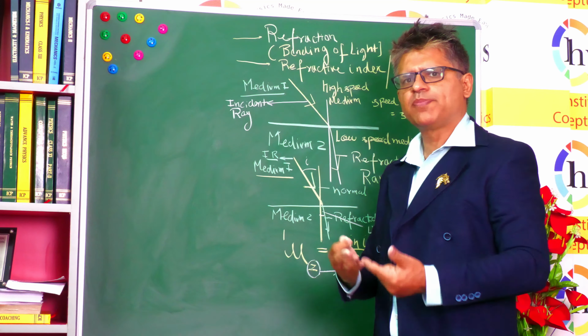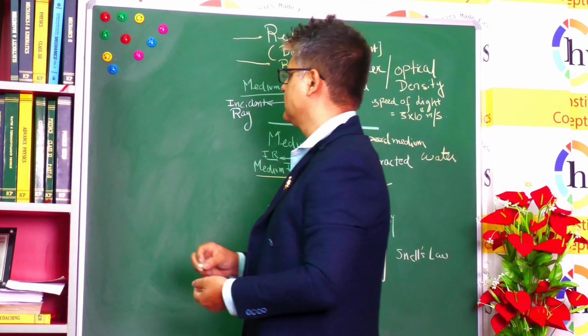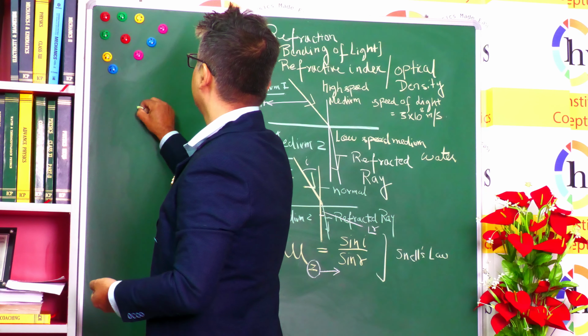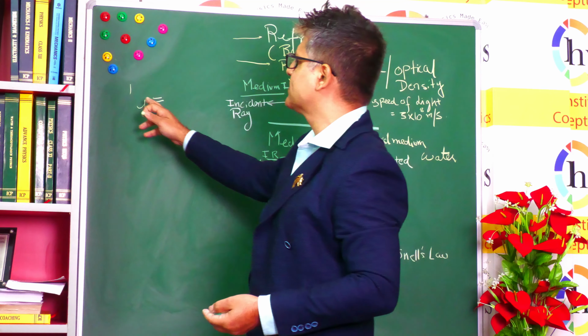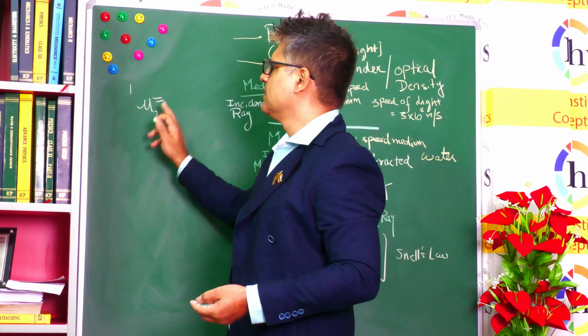One way of expressing the optical properties when the bending takes place is that the speed changes, and let's express that speed in a certain format. Now if you have to write optical density, which is nothing but refractive index, what you do is, instead of writing sine I by sine R, you express this as the speed of light in that medium.